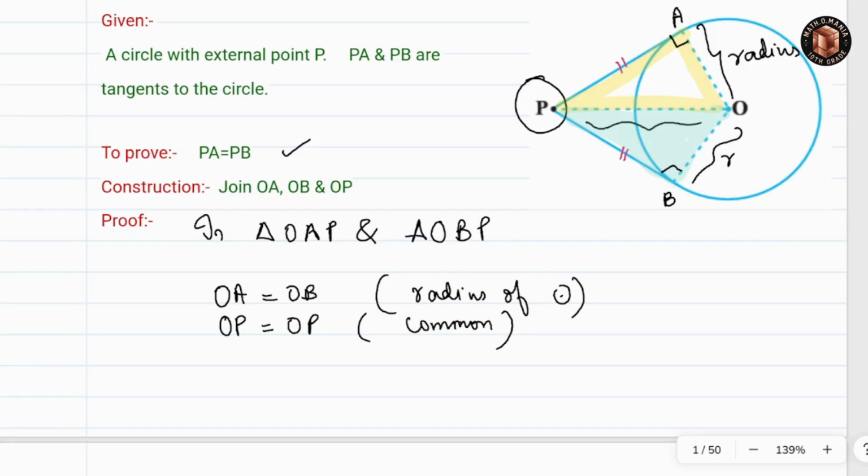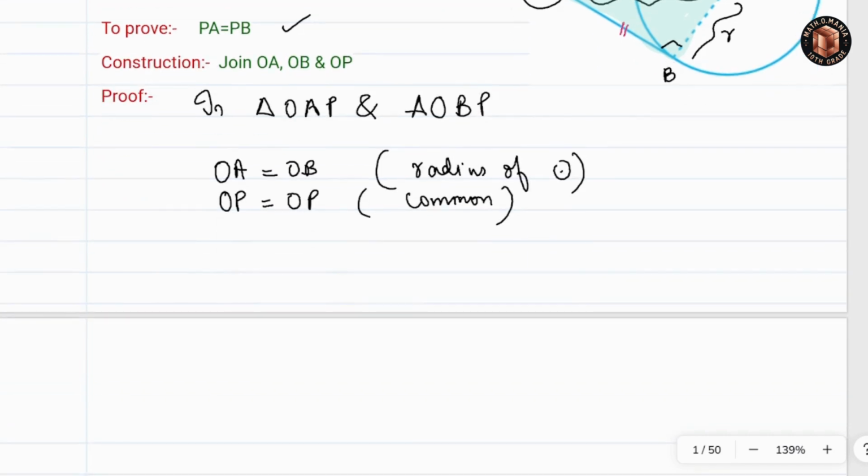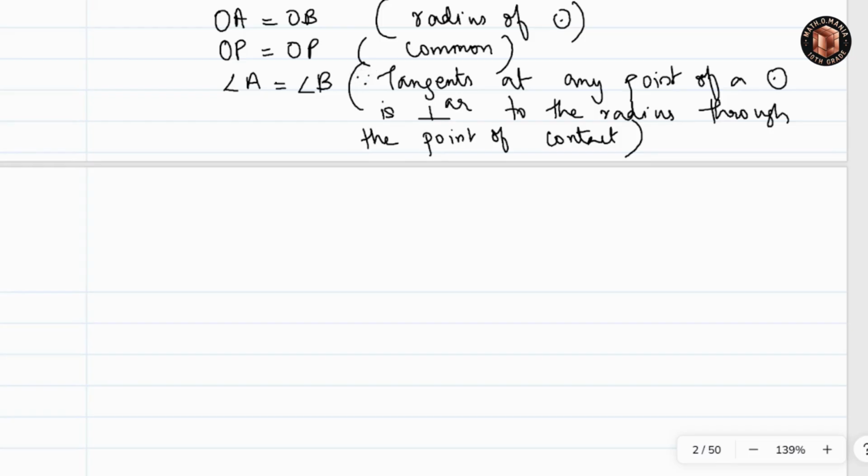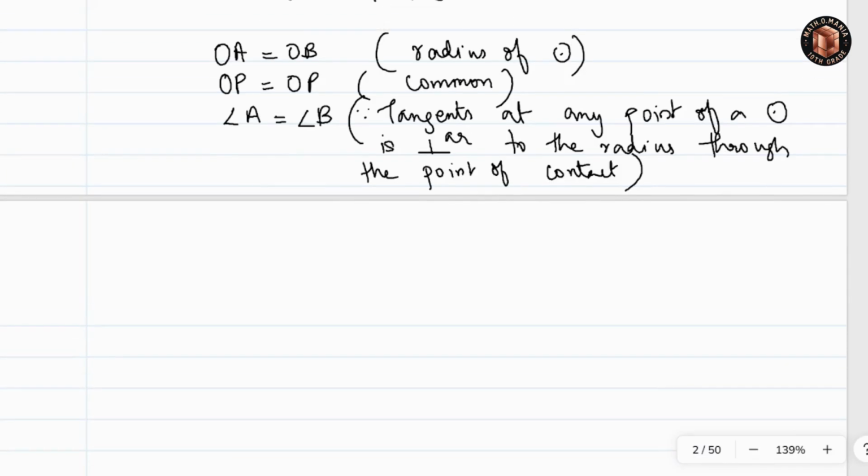At the meeting point of this tangent and the radius, the angle that we will get there is 90 degrees. Okay, so you can use the theorem here. That is, angle A equals angle B, because the tangent at any point of a circle is perpendicular to the radius through the point of contact. So now we got the three conditions.